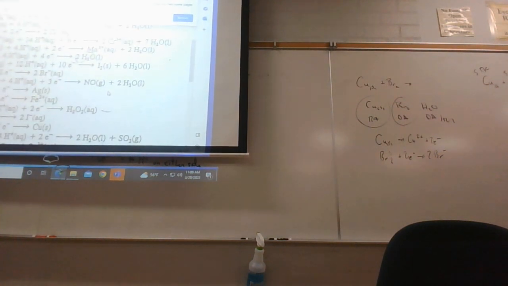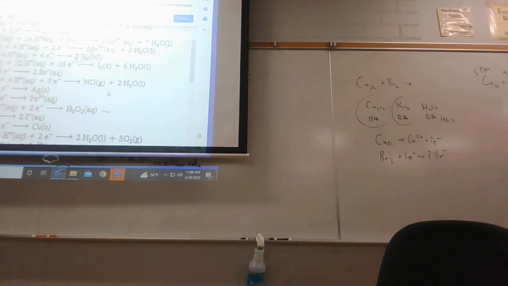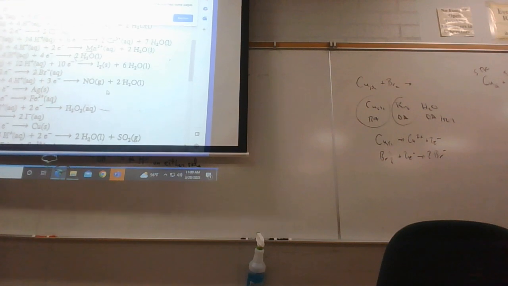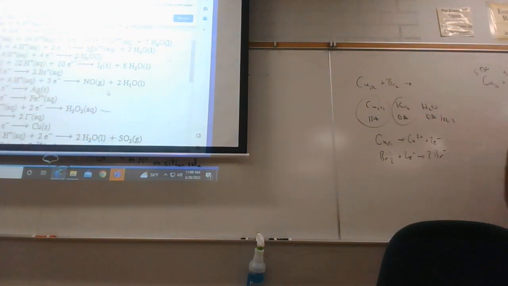Here's bromine, here's copper. Actually, no, bromine is RA. I'm looking at RA. We'll go with the OA. Bromine is stronger than copper 2. So this is the product, and in this we have the copper 2 and the bromide.